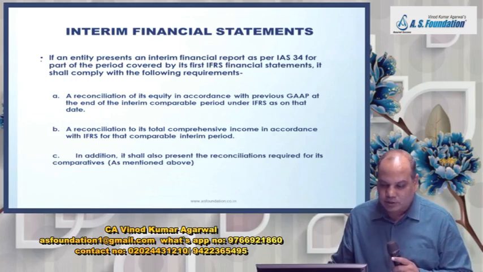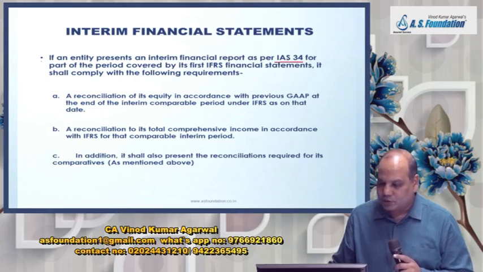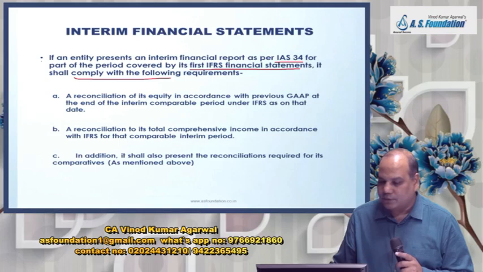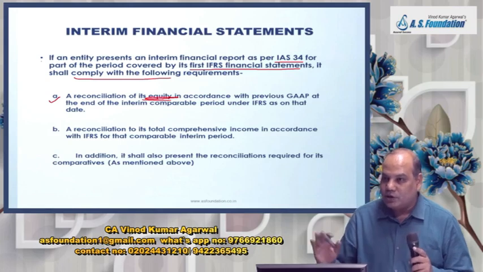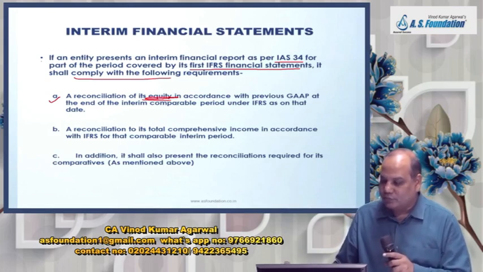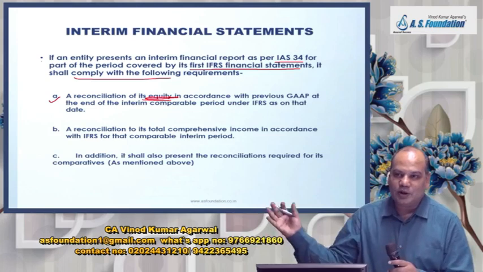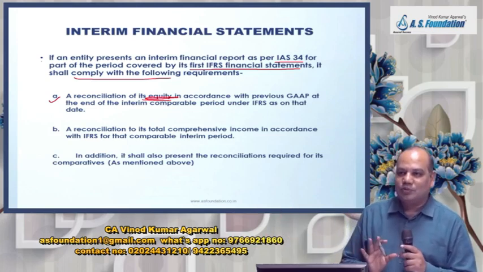So what are the requirements? An entity presents an interim financial report as per IAS 34, that you know, for part of the period covered by its first IFRS financial statement, then it shall comply with the following requirements. A reconciliation of its equity, because equity is the item which will undergo a change from previous GAAP to IFRS, because all adjustments will be routed through equity.